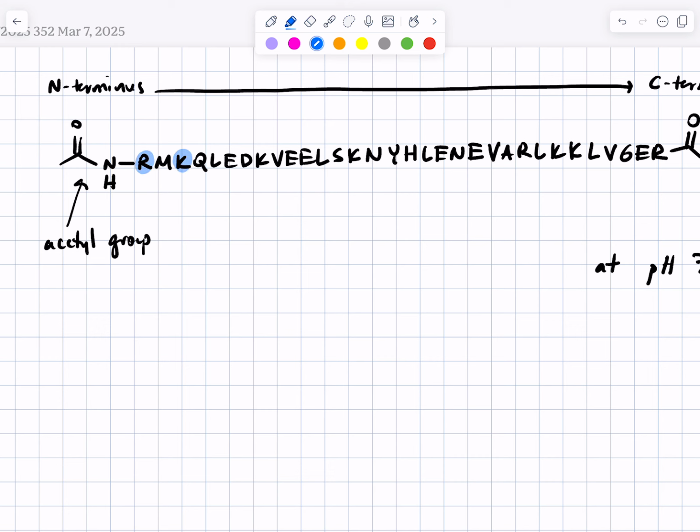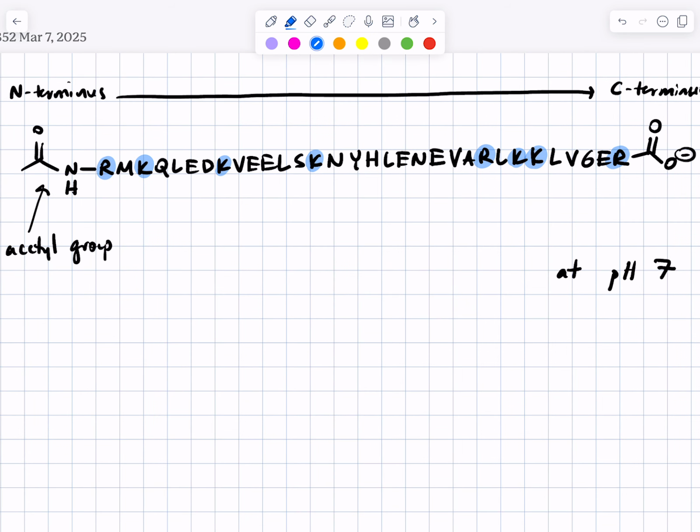So every time you see an R or a K, that's a plus charge. K is for lysine. Okay. All right, did I miss anything? There's another R. I think that's it. So that's plus what? 1, 2, 3, 4, 5, 6, 7, 8.